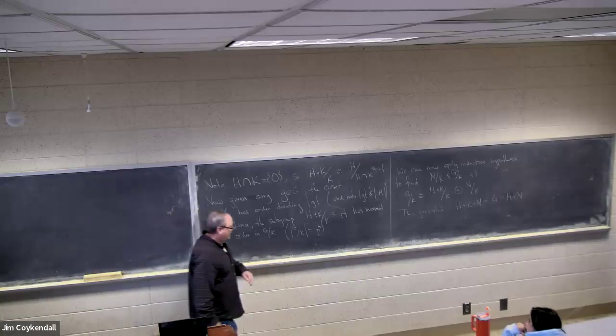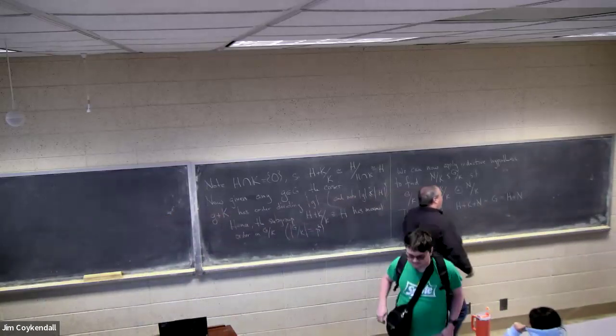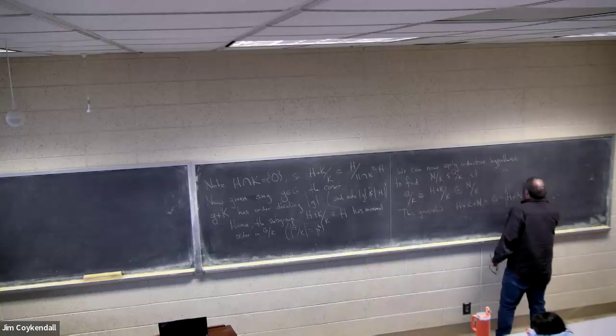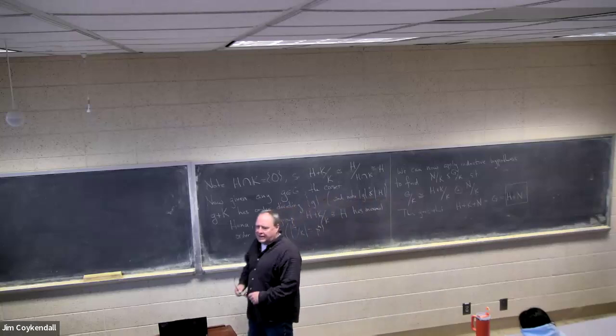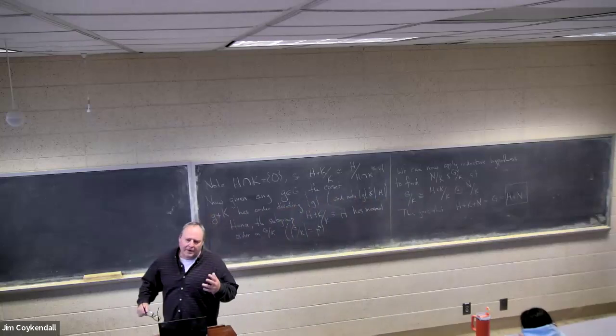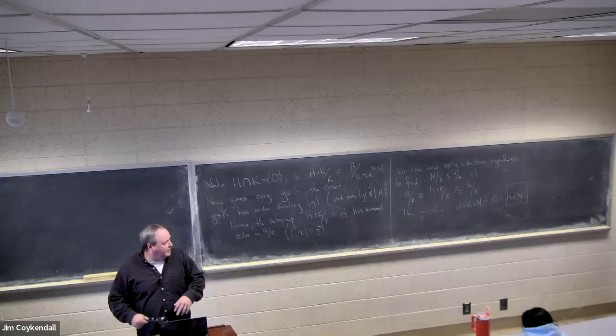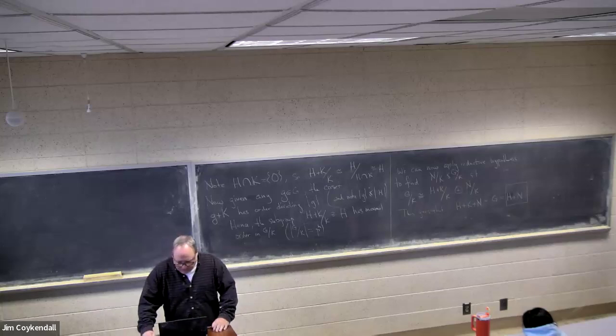At this point G is a sum of H and N. That is, everything in G can be written as something in H plus something in N. Right? What else do we have?